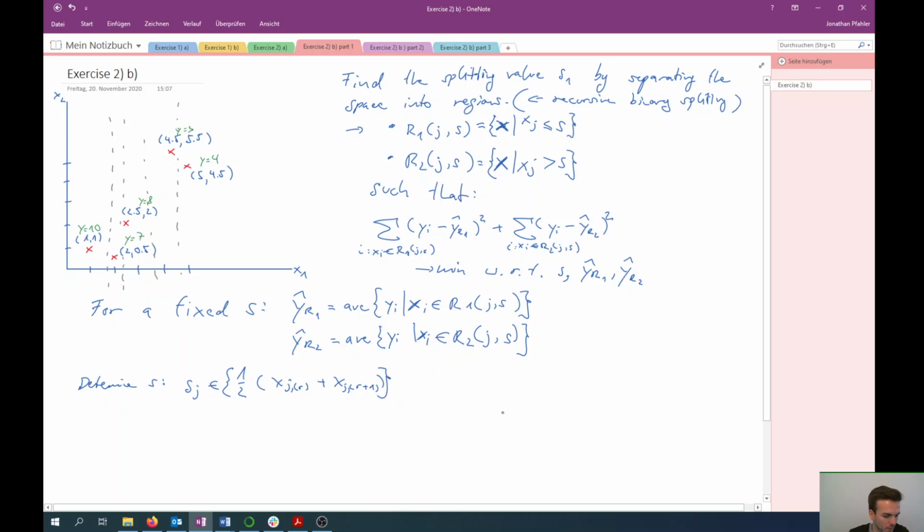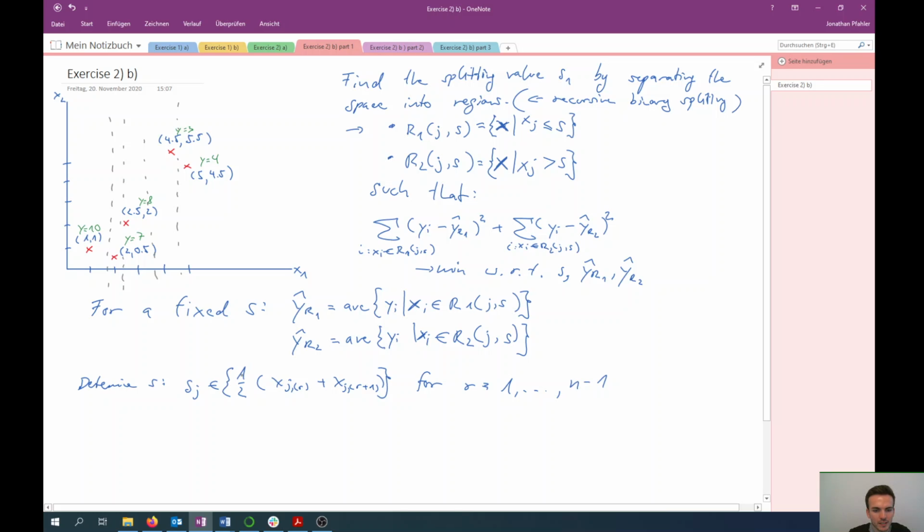So what does that mean? I have r equal 1 to n minus 1. Now let's say j is equal to 1, which is the case for our exercise because we only want the split for the x1 feature. So it would be s1.